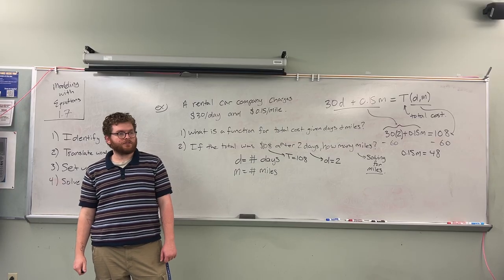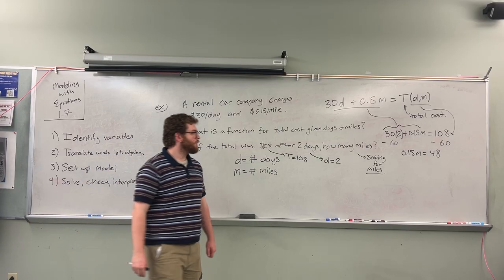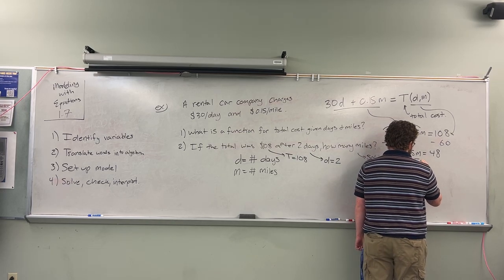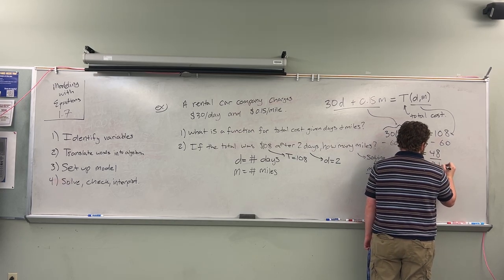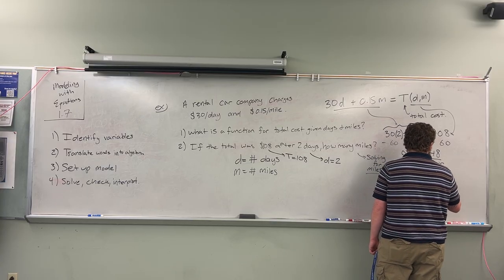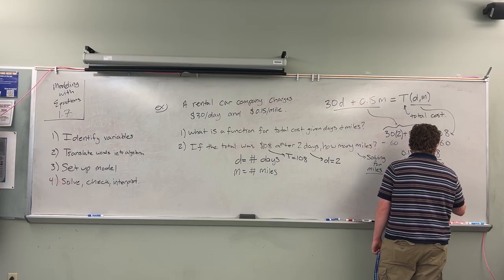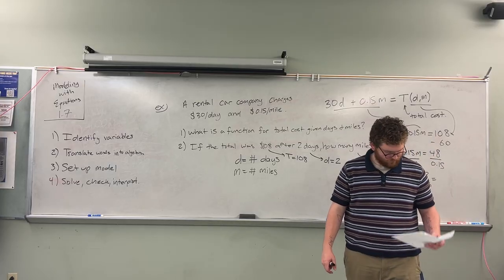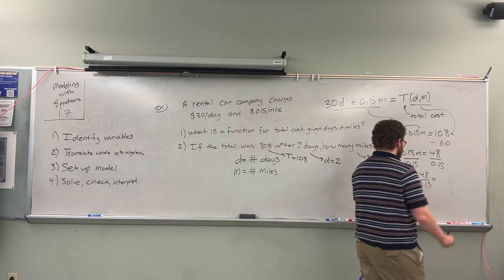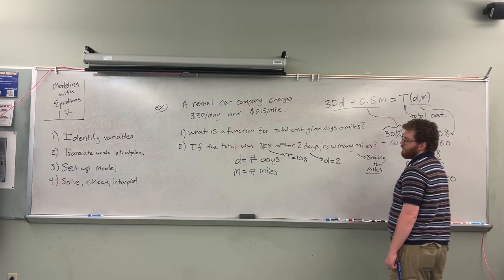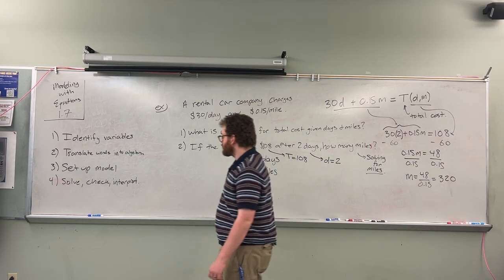And then what do I do next? Divide by 0.15. So I get m is equal to 48 over 0.15, which comes out to 320. And that gives me the answer.